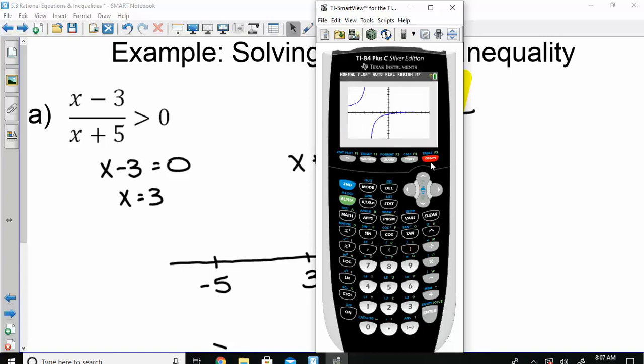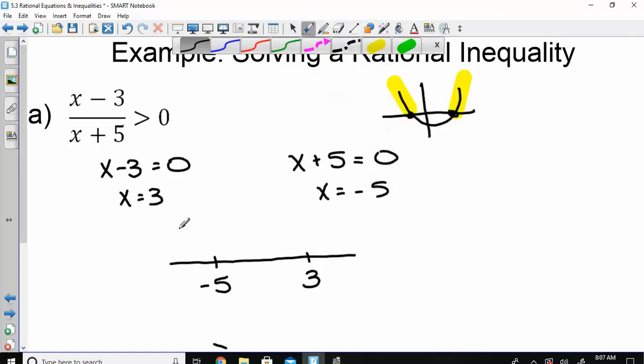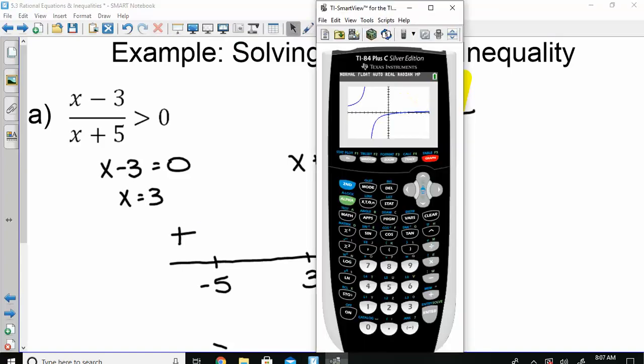Okay, most people I've found prefer just looking at the graph here. The two places where it can change from positive to negative are at the negative 5 and the 3. Before negative 5, is this graph above or below the axis? Above. So it was positive to start. Then between negative 5 and positive 3, the graph is negative.